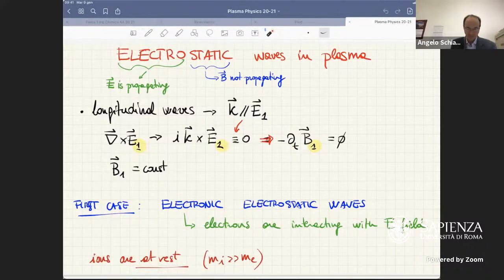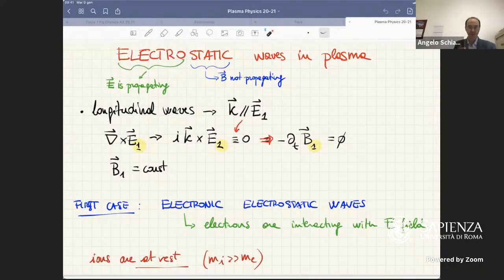So we are dealing with longitudinal waves, in which the wave vector is parallel to the electric field, or vice versa. Electrostatic means the electric field is propagating in the plasma, whereas static means that the B is not propagating.